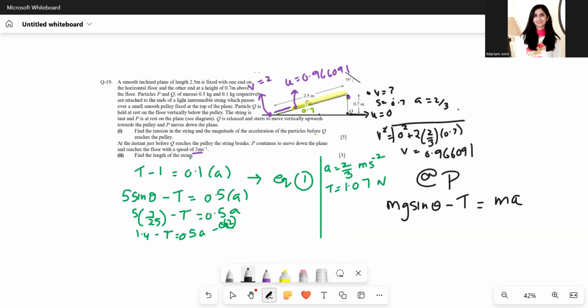Okay, tension is 0. I'm going to cancel m on both sides. So 10 times sine theta, which was 7 over 25. This gives a, and a comes out to be 2.8.